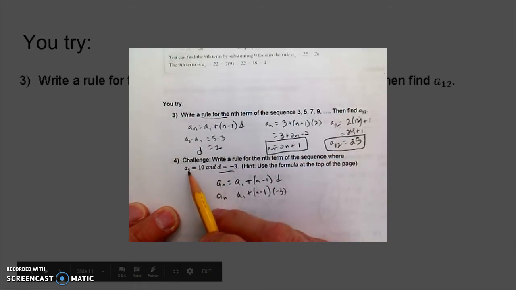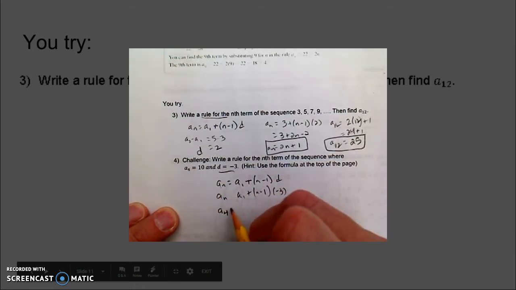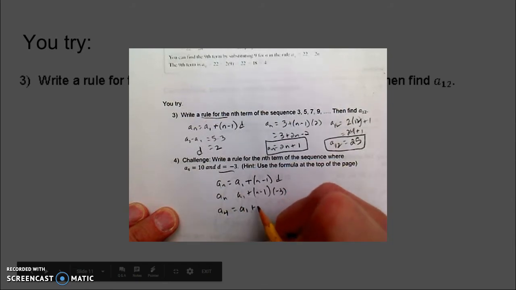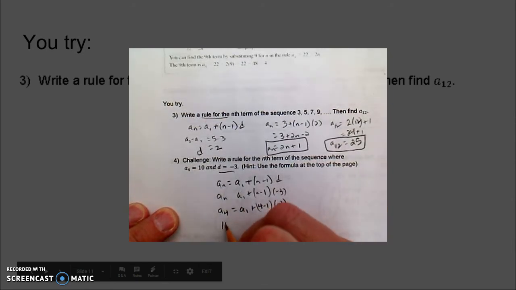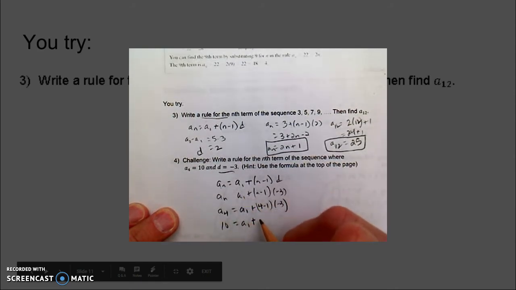Now, we know some value. We know a sub 4. So let's go ahead and say a sub 4 equals a sub 1 plus 4 minus 1 times negative 3. So 10 equals a sub 1 minus 9.